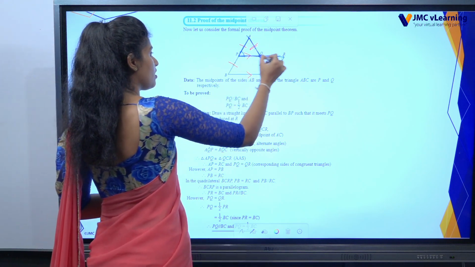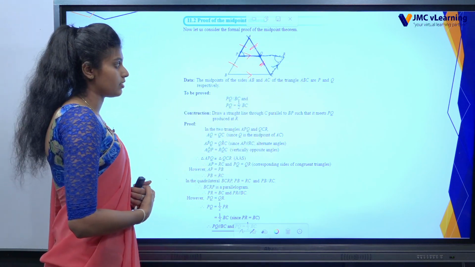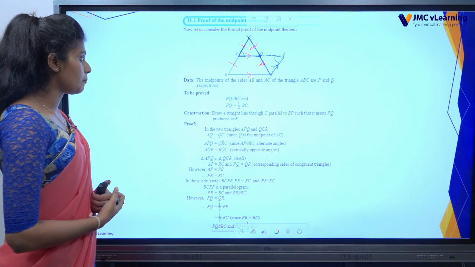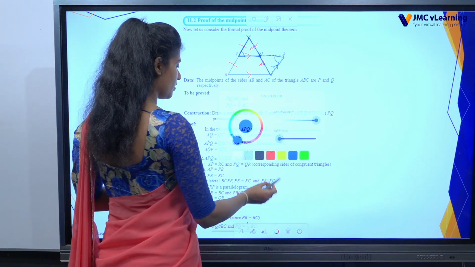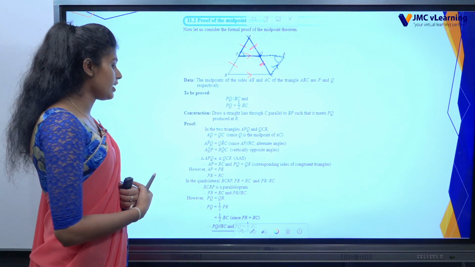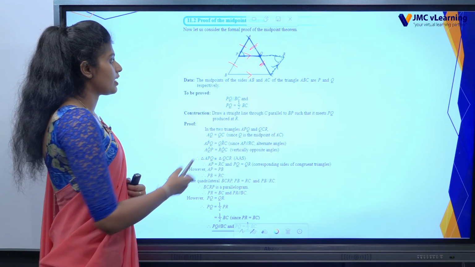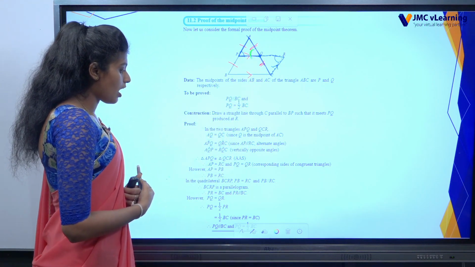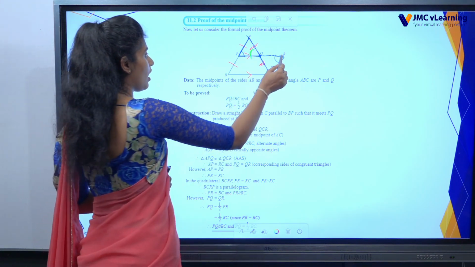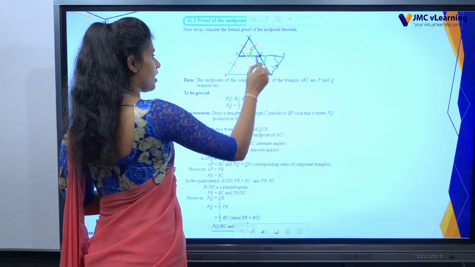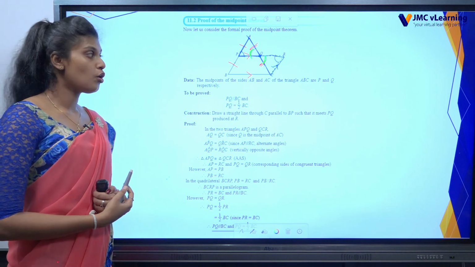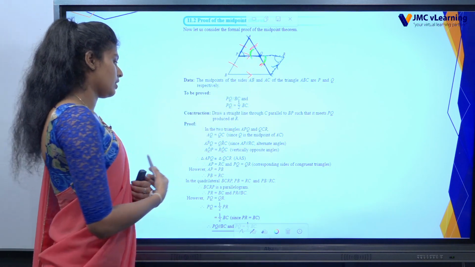So, these are alternate angles. Alternate angles are equal to each other. Then, what is the next one? Here, AQP angle and RQC angles are equal to each other. Why is that? These are opposite angles.